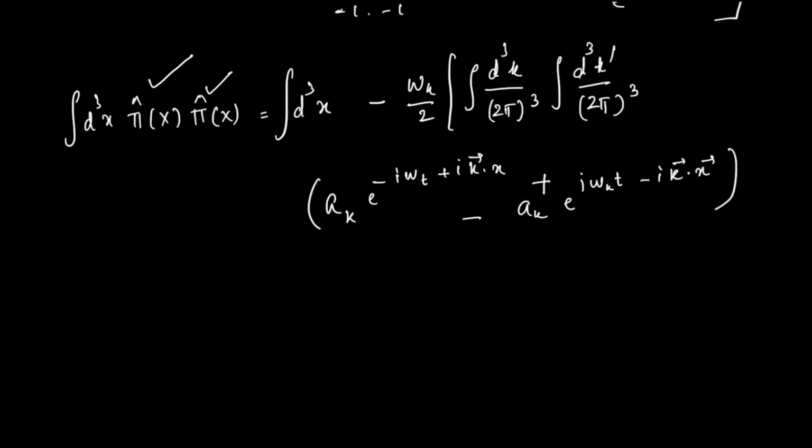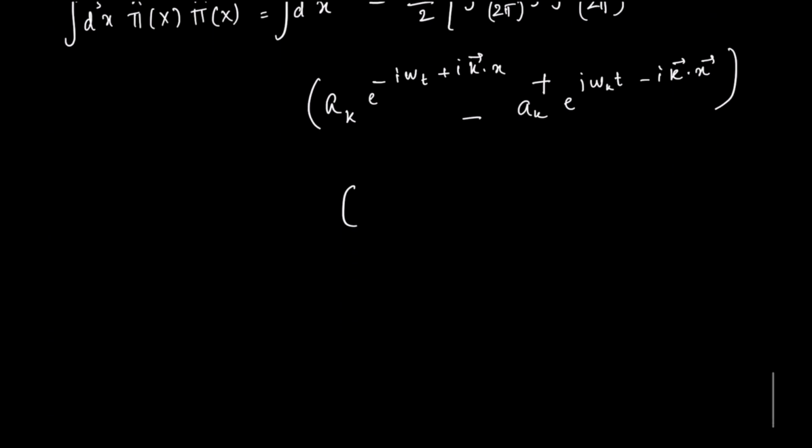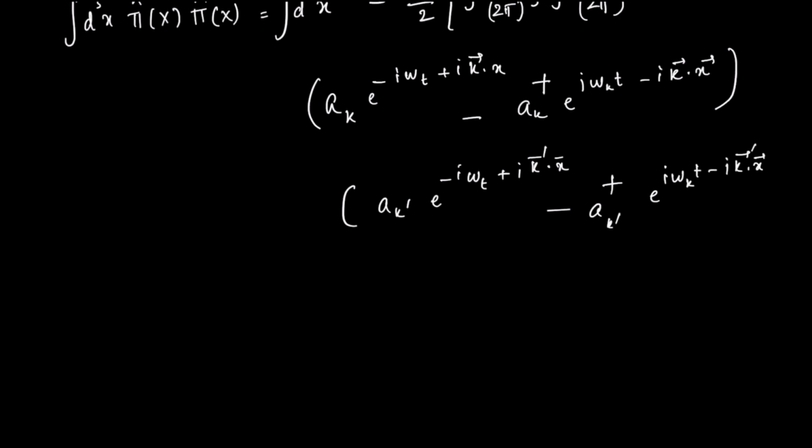Okay, then there will be one more bracket from the second pi, that will be ak prime e raised to minus I omega t plus I k prime dot x minus ak prime dagger e raised to I omega t minus I k prime dot x.